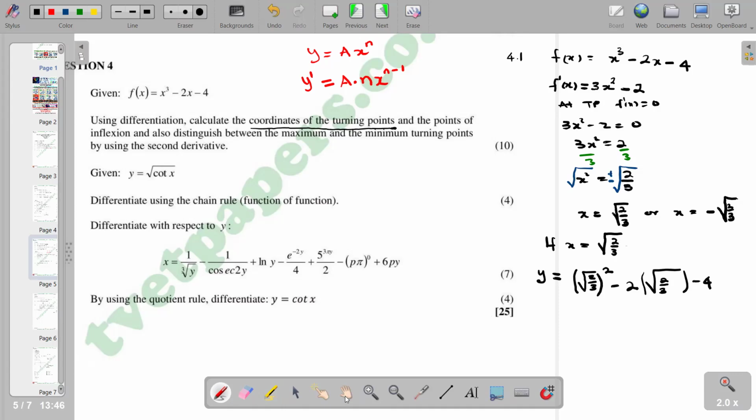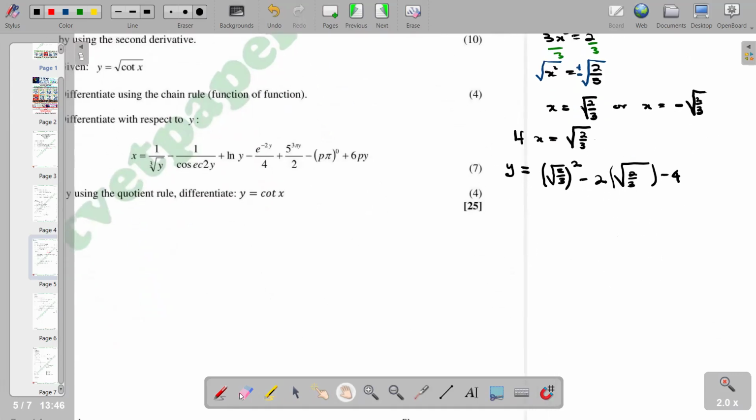Then if x is equal to negative root 2 over 3, it means y will be equal to negative root 2 over 3 cubed minus 2 times negative root 2 over 3 minus 4.